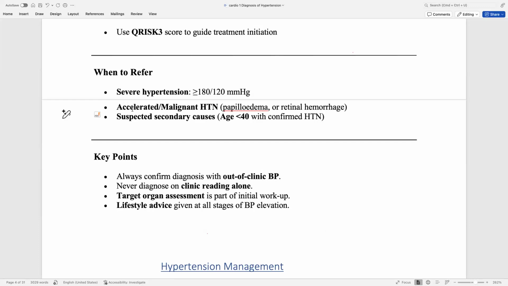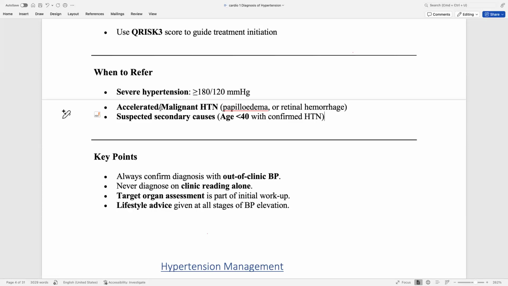Are they the same, accelerated and malignant? Any difference between them? Until we come to see them later. Yes, accelerated is a hypertensive emergency. Malignant would be a suspected hypertensive emergency.